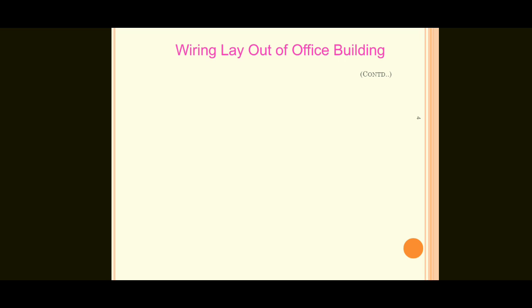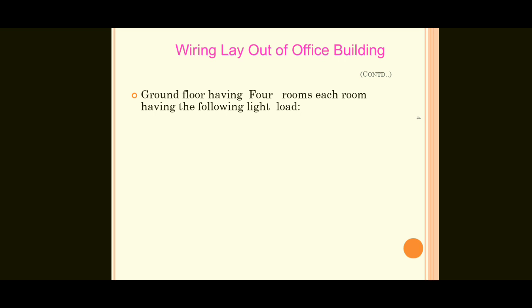Wiring layout of office building: the ground floor has 4 rooms, each room having the following light load: 2 fans, 160 watts, 3 lights, 180 watts, 1 socket, 100 watts.